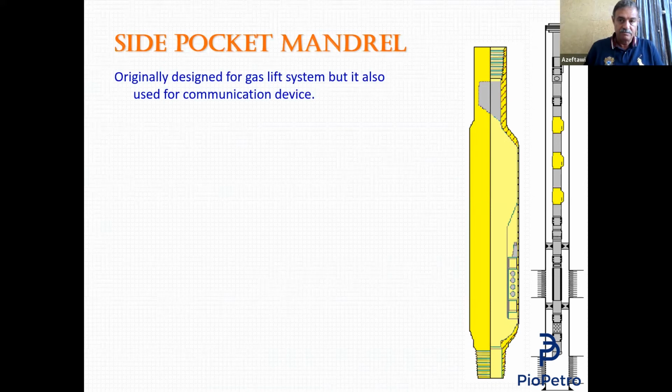But actually, sometimes we run these devices in natural flow wells. Why? Because we have a vision. We know from our study of this reservoir that it will be self-flowing for 6 months, 7 months, then the well will die, and we have to use artificial lift.